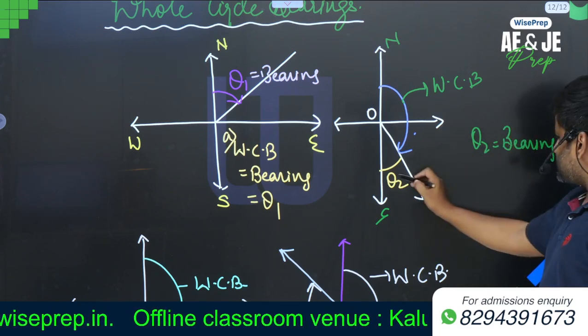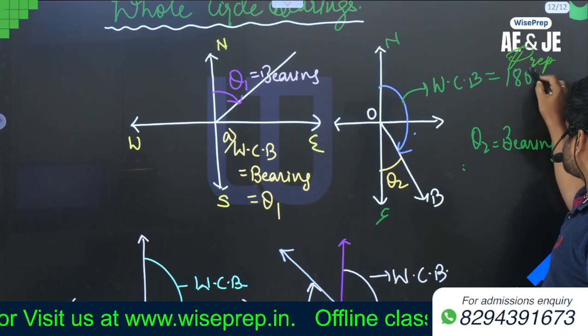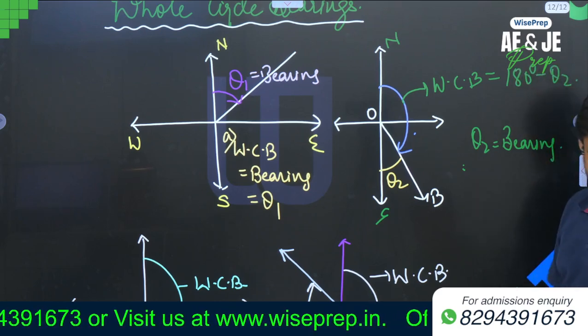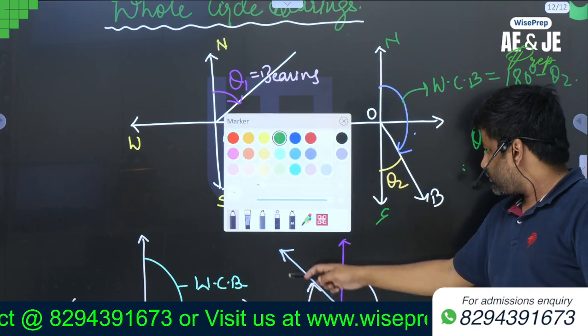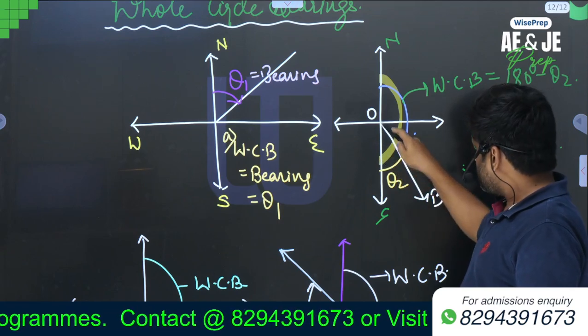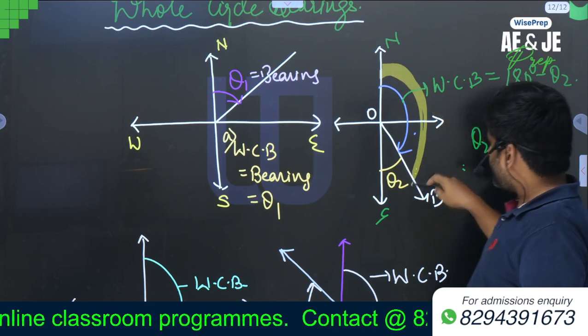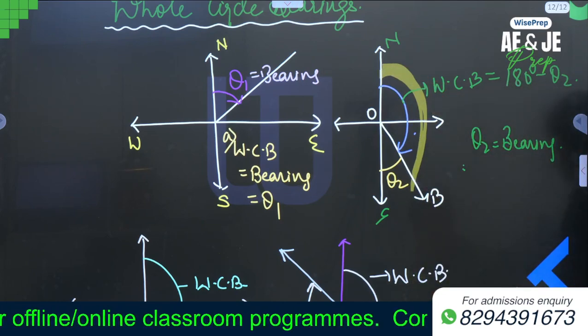So obviously this angle will be equal to 180 degrees minus theta 2, because this is 180 degrees and this is theta 2. So this will be 180 minus theta 2. All right.